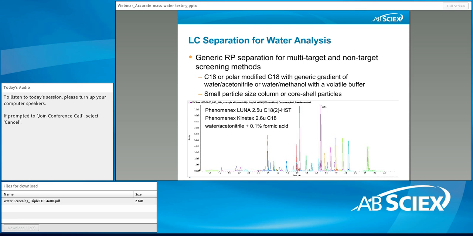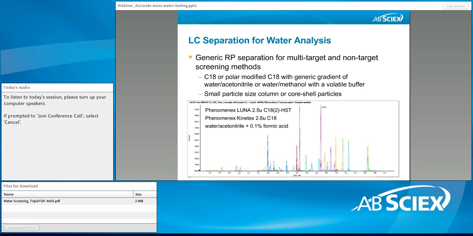Very generic reverse phase conditions, whether on traditional C18 or polar modified C18 columns, work very well with generic gradients of water-acetonitrile or water-methanol with a volatile buffer. Over the last couple of years, small particle size columns or core-shell columns, like the two columns I mentioned in the example chromatogram down here, the Luna 2.5 micrometer or the Kinetex 2.6 micrometer, are very popular choices.